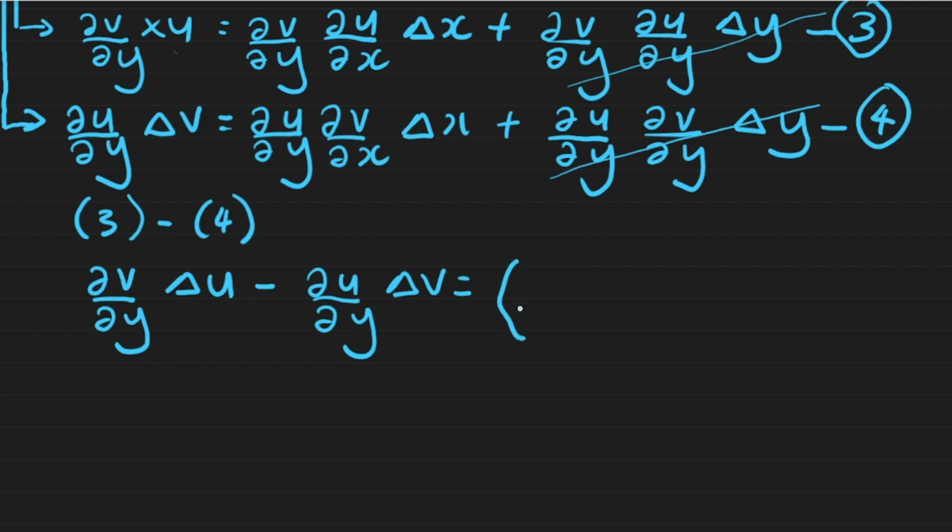So that's what we're going to write on the right-hand side. We have ∂u/∂x multiplied by ∂v/∂y minus ∂v/∂x, and what's left is ∂u/∂y.